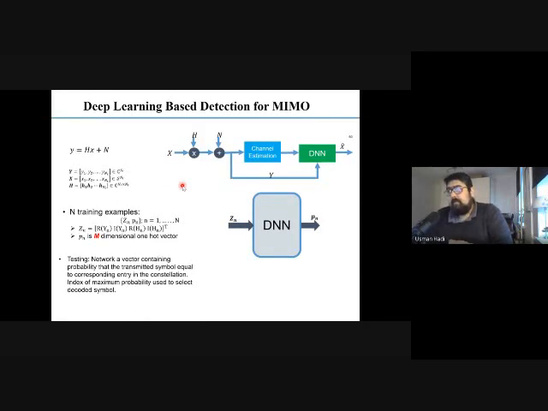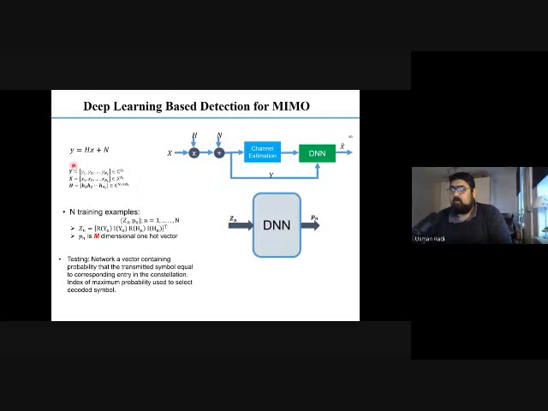So here you can see that we have y equals Hx plus n. Y is the received signal, a complex type, with dimension depending on the number of receivers. X is the transmitted signal, whose dimension depends on the number of transmit antennas, and H is the channel matrix of size NR times NT.